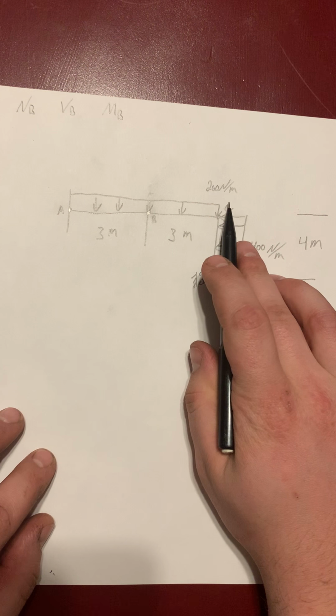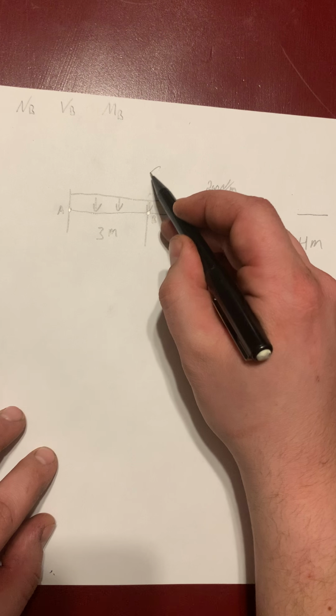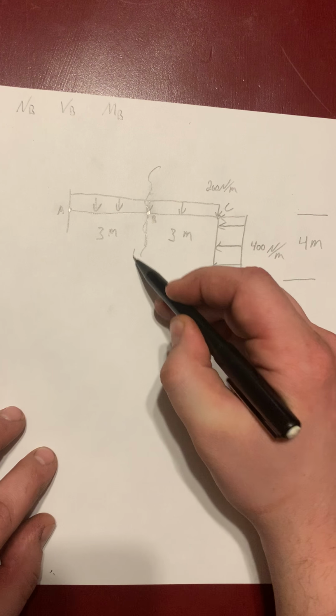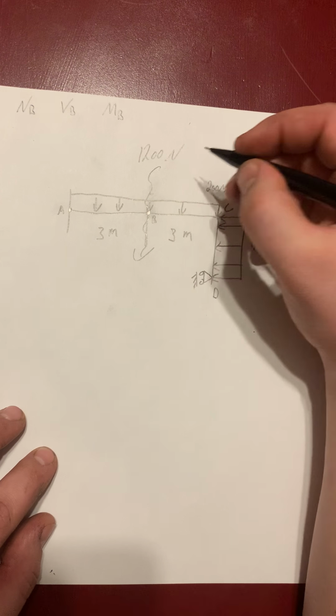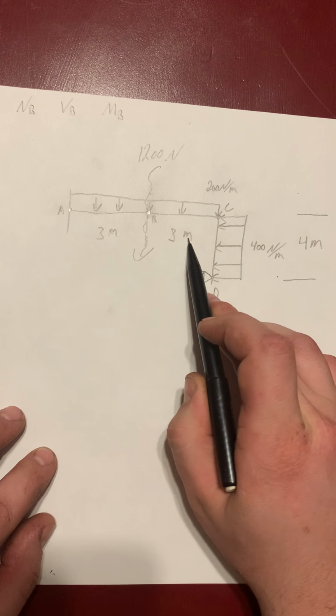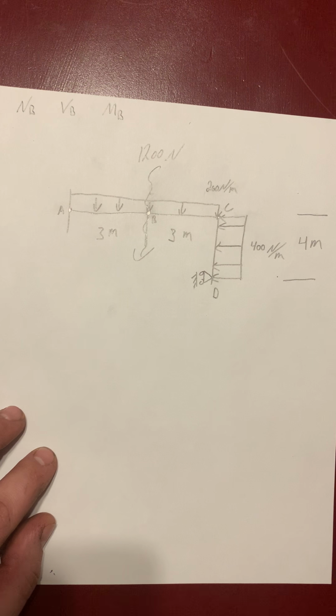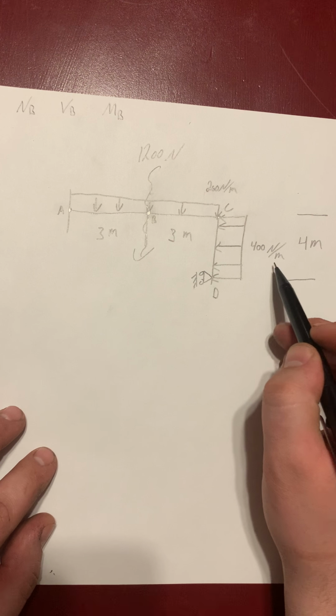We have 200 newtons per meter over 6 meters. Okay? So that there, distributed load, will be 1,200 newtons, right? 200 newtons times 6 meters is 1,200 newtons. Okay, we also have this 400 newtons per meter, right?